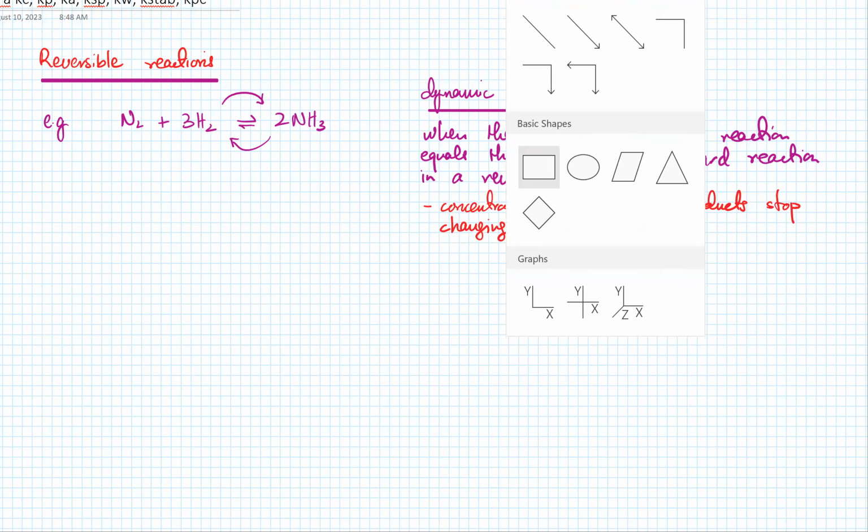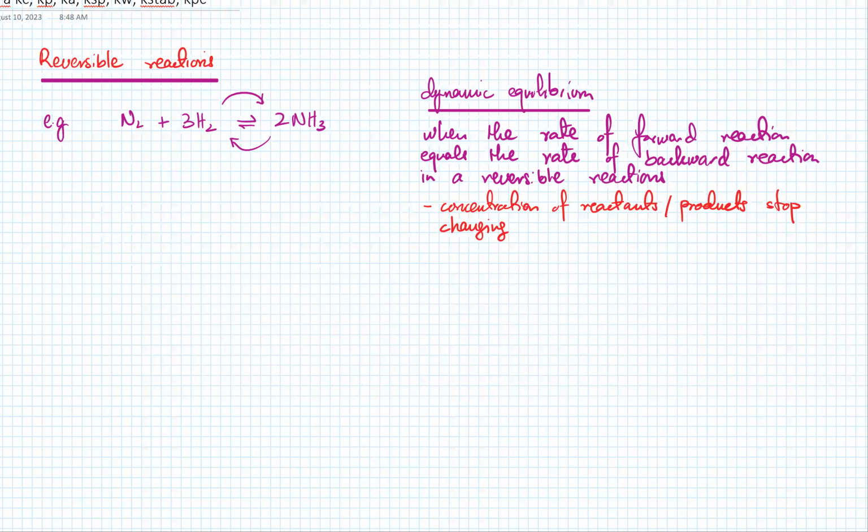A graph for a dynamic equilibrium would kind of look like this. Let's say you're plotting the concentration of the reactants and products. Normally what's going to happen is that initially you're going to have a lot of reactants, okay?